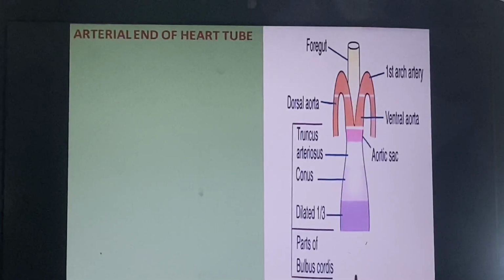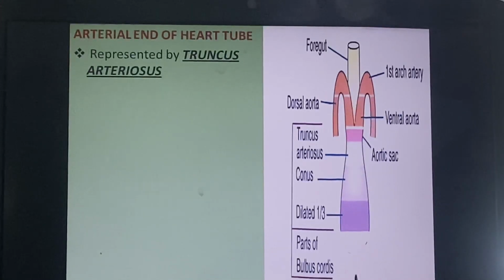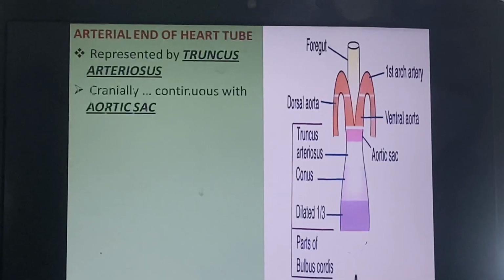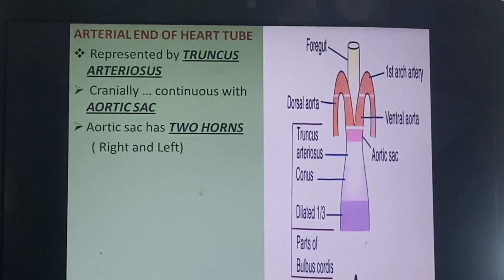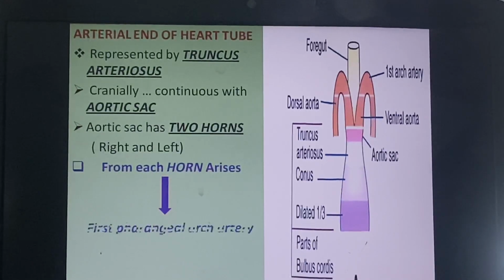Now the arterial end of the heart tube, as I told you, the truncus arteriosus, is cranially continuing with the aortic sac. The aortic sac has two horns, right and left. That is again clear to you. Then from each horn, which structure is arising? That is the first pharyngeal arch artery. So this is the fate of the arterial end of the heart tube.